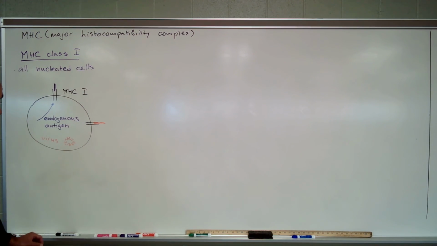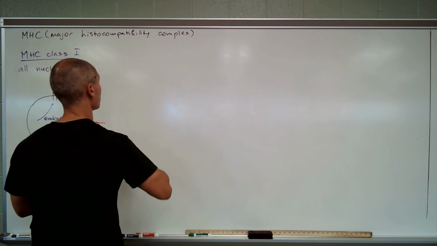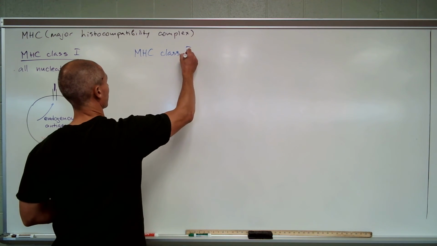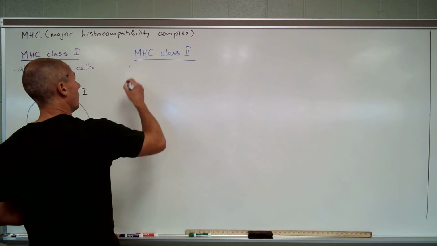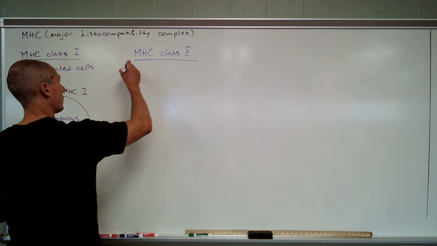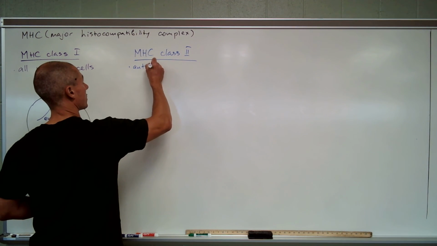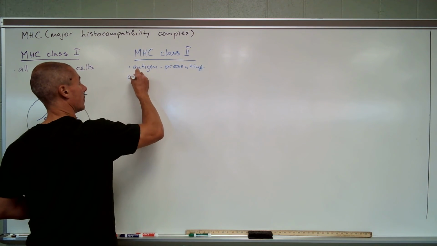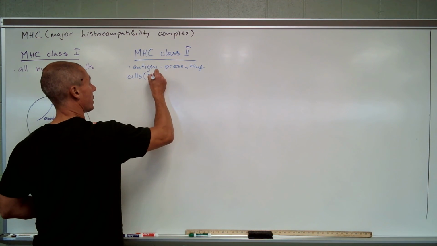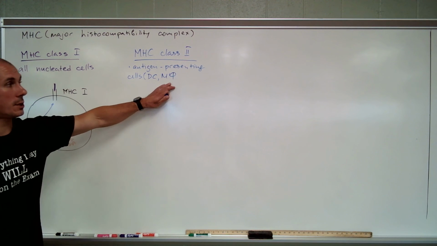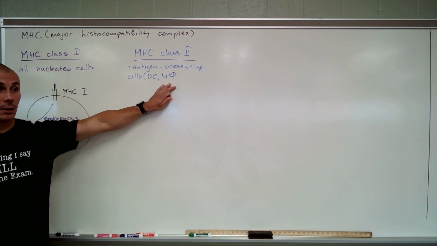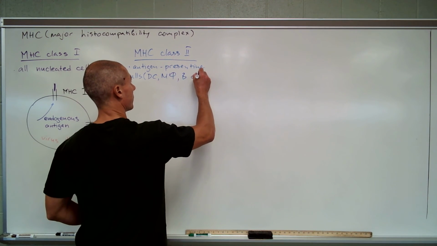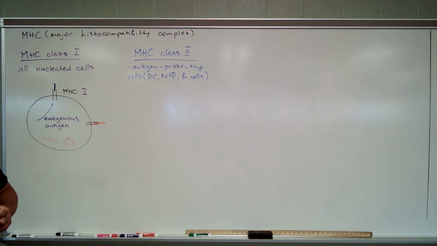Now, what about MHC Class 2? MHC Class 2 molecules are on the surface of antigen-presenting cells, which are dendritic cells, macrophages, and B cells. Macrophages are commonly abbreviated with the Greek letter phi.